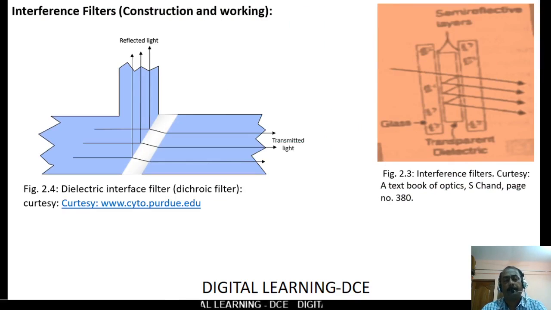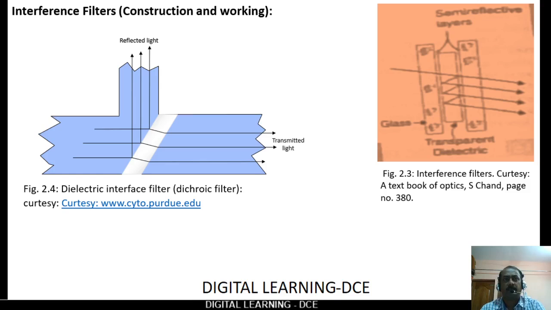Here a parallel beam of white light is incident normally on a pair of plane parallel plates silvered on their inner surfaces, just as in a Fabry-Perot etalon.